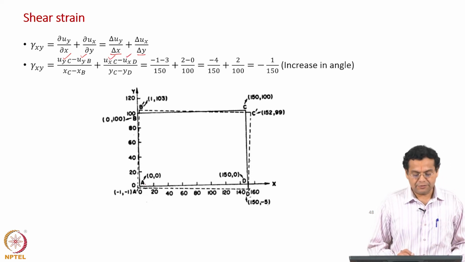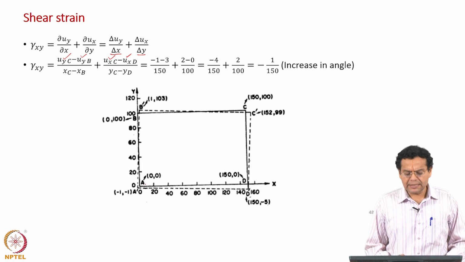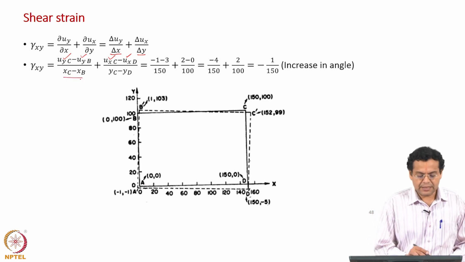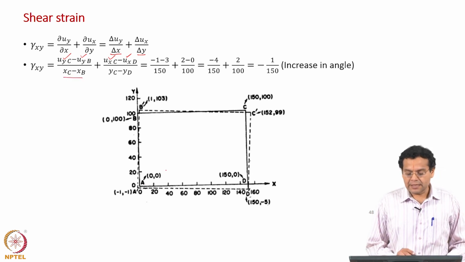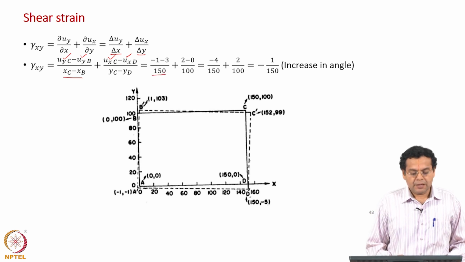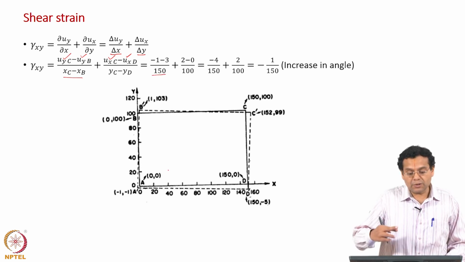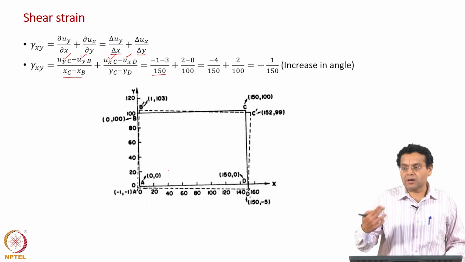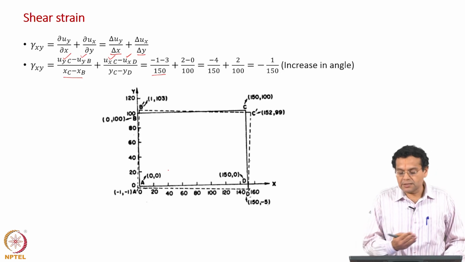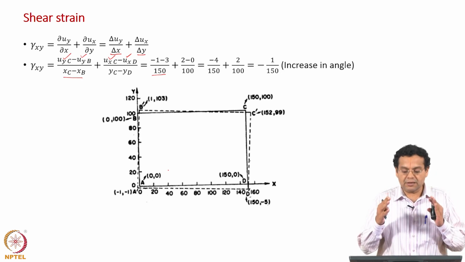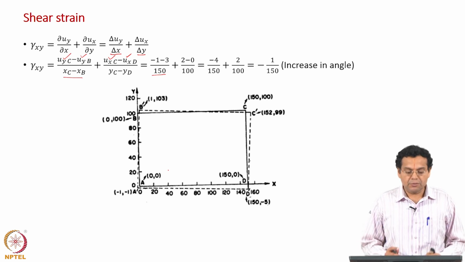So, let us take the first term, particles along the x axis, which is C B. The distance between them is 150, and in the numerator we should now look at the difference in y displacement. For normal strain, if you consider particles along the x axis, you look at the difference in the x displacement, but now it is the other way.